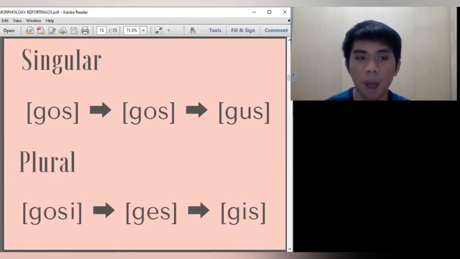That's why we get now the plural gēs. So further developments also involve the raising of the mid vowels, o and e rather. That's why we get now the modern English goose and geese. So that's from mid vowel o to high vowel u, and for plural, we have the mid vowel e to high vowel e. So we now have goose and geese.